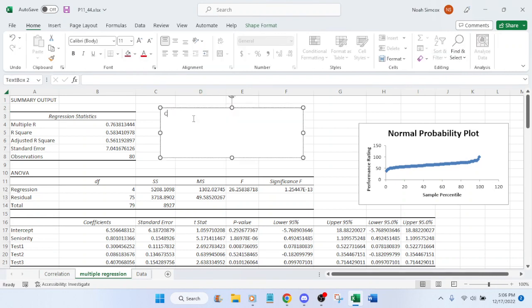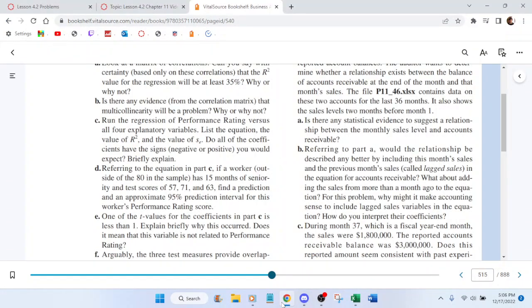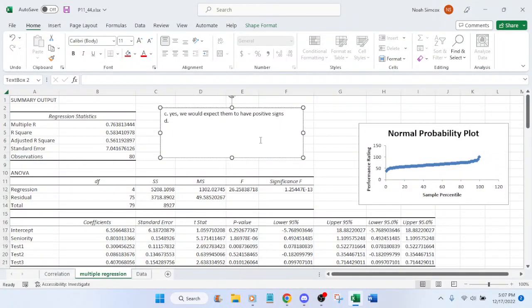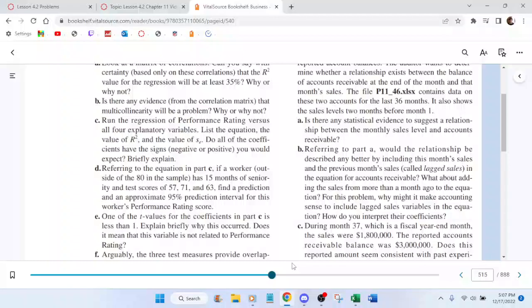C. Yes, we would expect them to have positive signs. D. What is D?